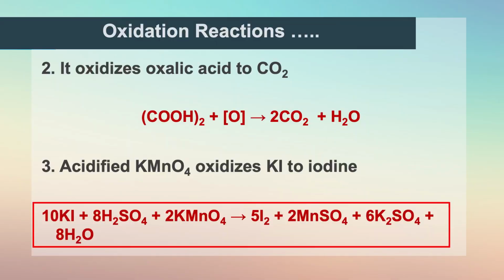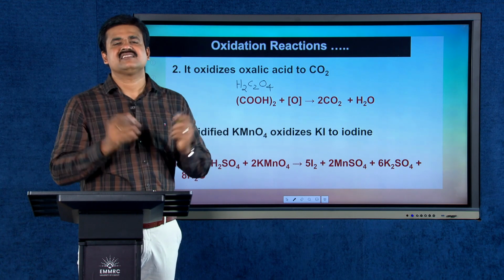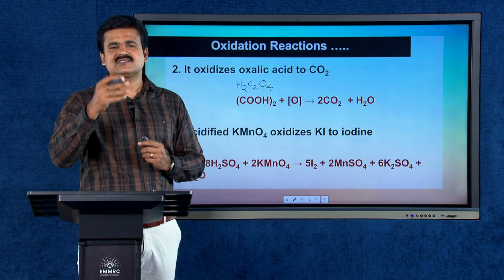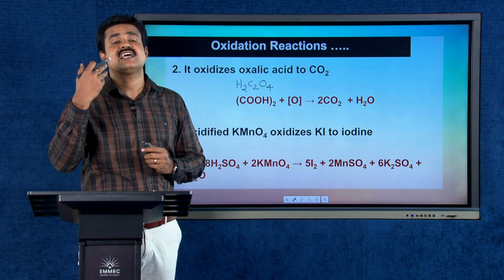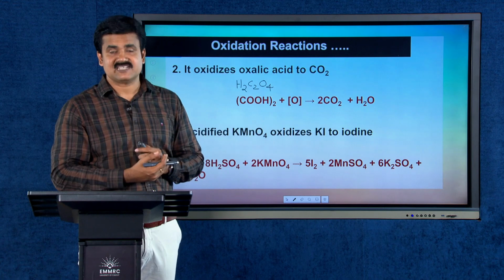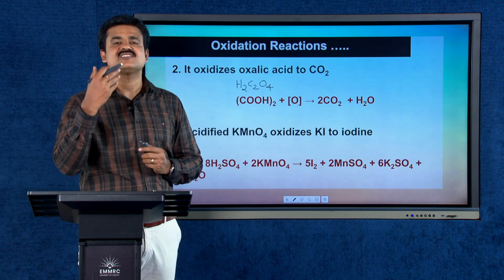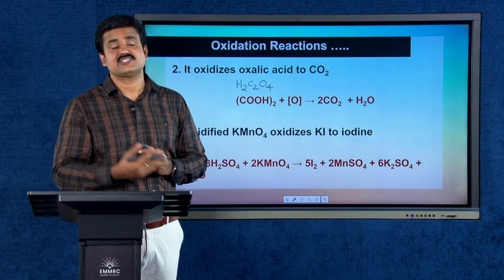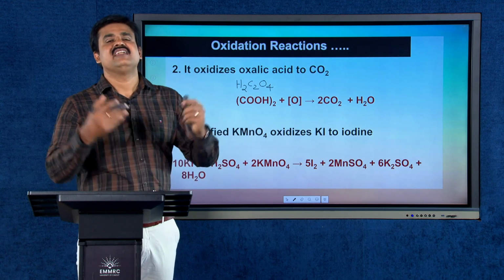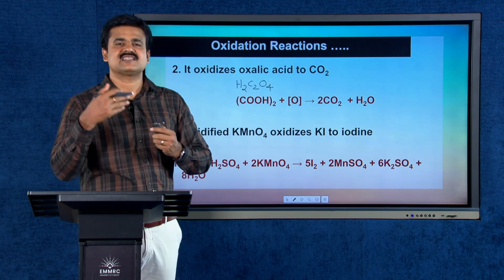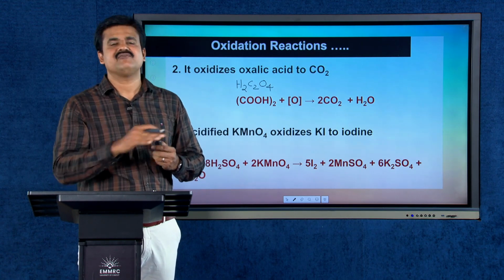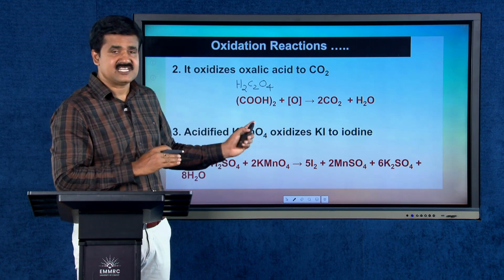The big numbers on the left hand side and right hand side are due to the fact that in this expression we are just avoiding the nascent oxygens. 5 nascent oxygen are produced by acidified KMnO4, and that nascent oxygen is consumed during the oxidation of potassium iodide to iodine. Whenever we couple the oxidation part and reduction part, we get the completely balanced equation that is shown here.